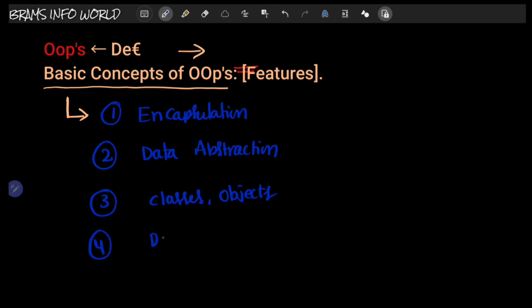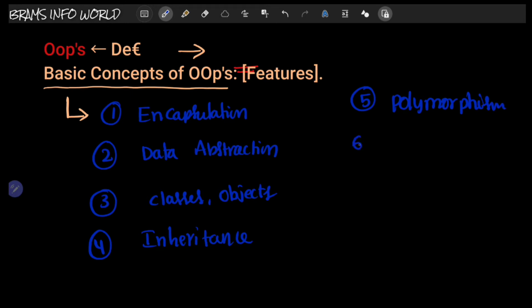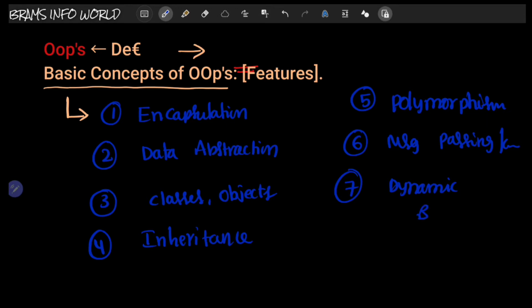And next one comes under inheritance and polymorphism, and we have a concept of message passing, and sometimes we can also call it message communication, and there is a feature called dynamic binding. So these are the features of OOPs.